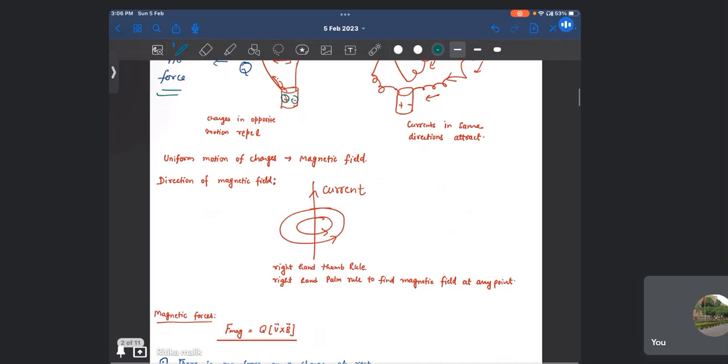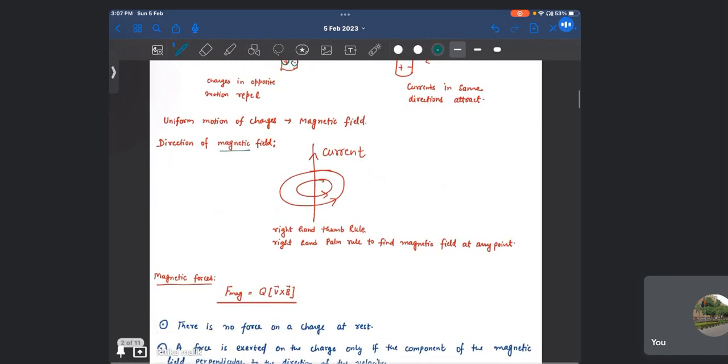You're familiar that the direction of the magnetic field is given by the right hand thumb rule. You take the wire and enclose it in your fingers; your thumb gives the direction of current and your fingers give the direction of the magnetic field.